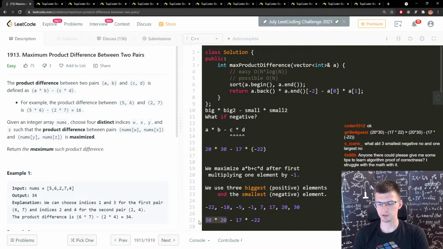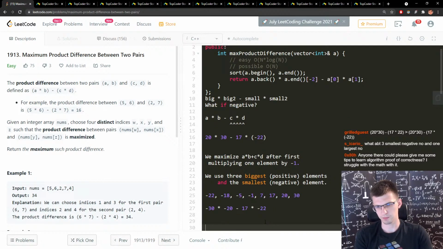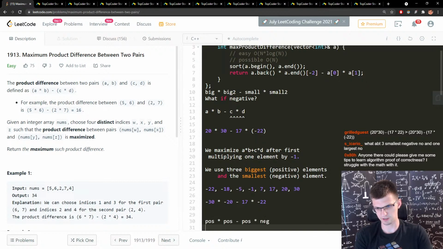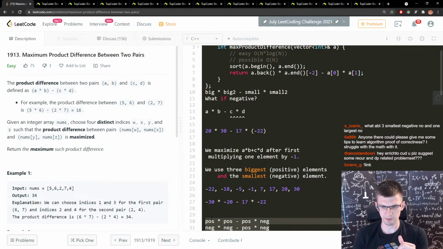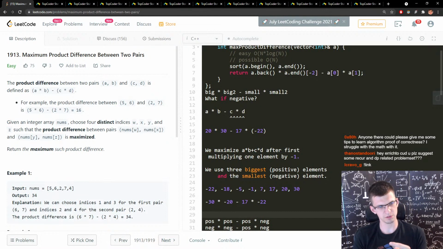Those can be two negative elements. So minus 30 times minus 20 is also very efficient. So it will be positive times positive minus positive times negative, or negative times negative minus positive times negative. In those two cases we are very happy because always minus will turn to a plus.